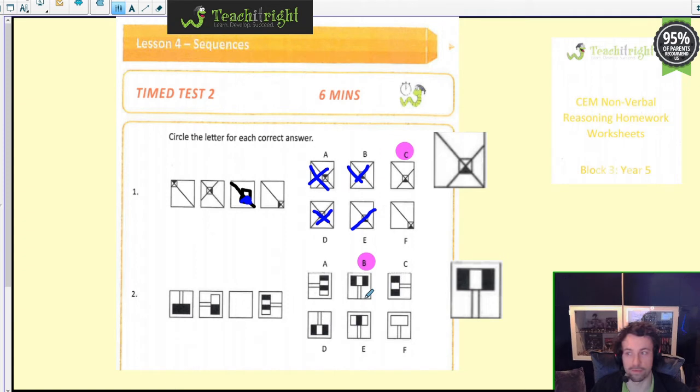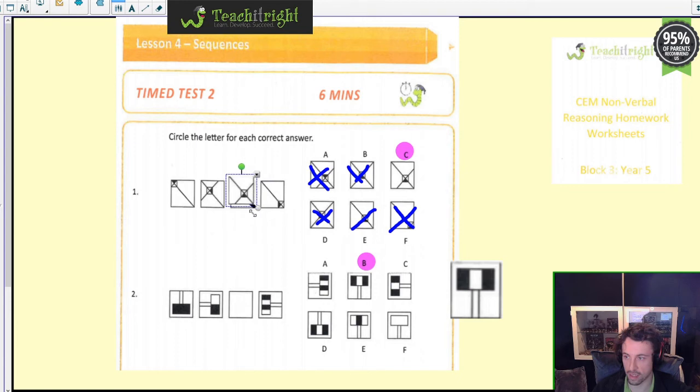F is too far, it's in the corner, and it matches too closely to what's happening in the last shape, so it's not F either. In that way, you eliminate all the answers and end up with the correct answer. Hopefully you can see here this is actually a cutout, and if I insert it in the feature, it perfectly matches the sequence. That's the kind of approach I suggest you take.